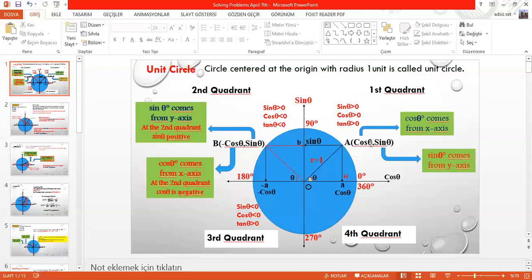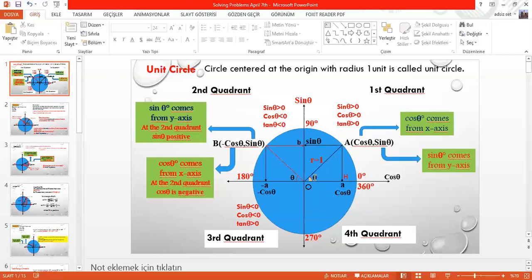What about tangent? Again, by using this triangle, the tangent value is equal to the opposite side of theta divided by the adjacent side of theta.